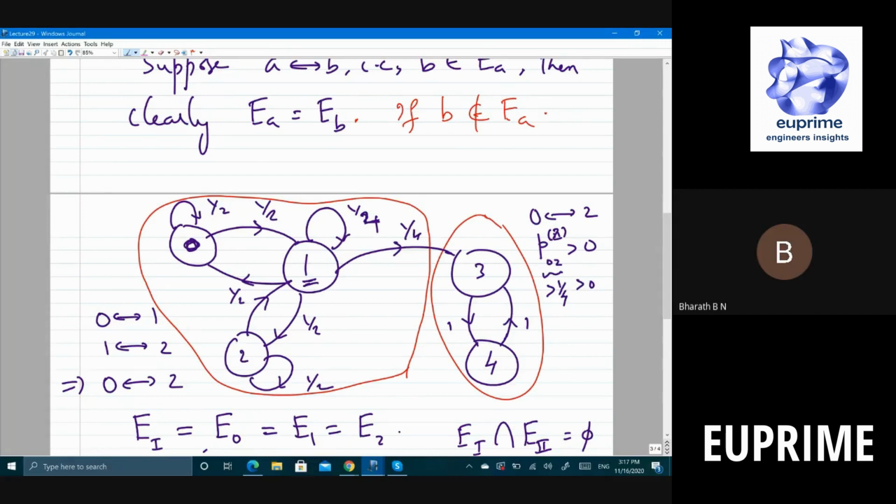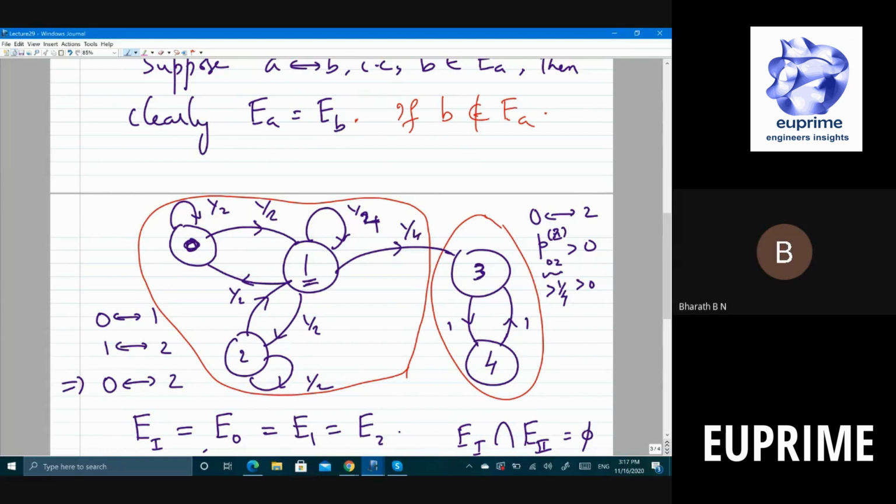Well, is 3 recurrent? Sorry, is 3 recurrent or transient? We made a mistake, that's the hint. It's transient, because 3 cannot communicate with 1. It says if I communicates with J, then J should communicate with I. But 3 does not communicate to 1.